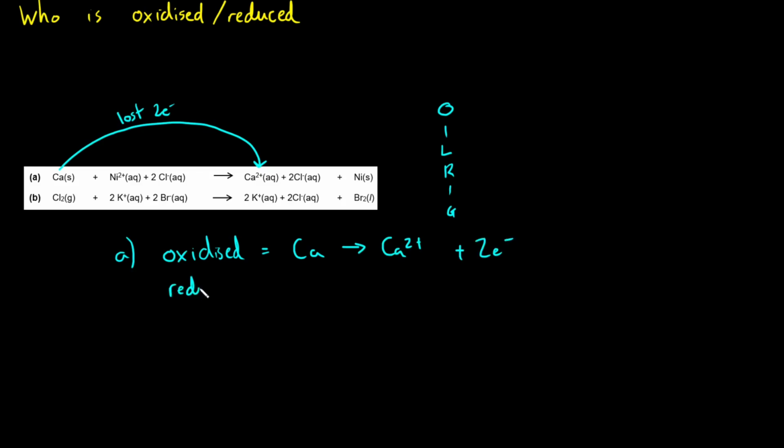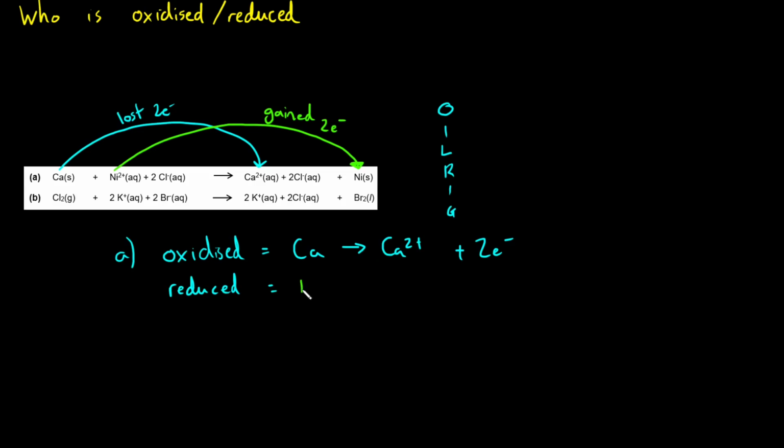Let's continue to look at part A and see who's being reduced. I've got the nickel 2 plus ions on this side, and I've got nickel with no charge on the right hand side. Well, how has nickel done that? How has it got rid of that positive charge? It must have gained negative charges. It must have gained 2 negative electrons.